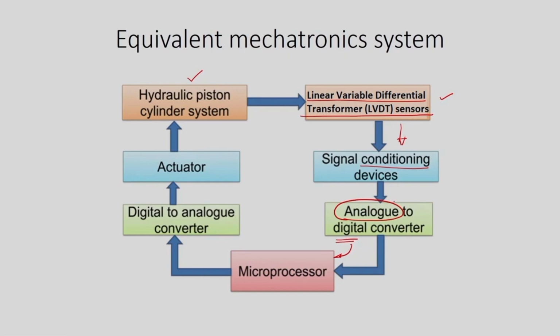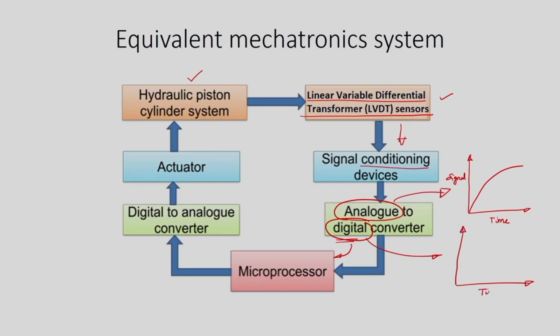What is the meaning of analog form of the signal? In analog form, the signal is a continuous function of time. However, in digital form, the signals are nothing but a sequence of pulses.